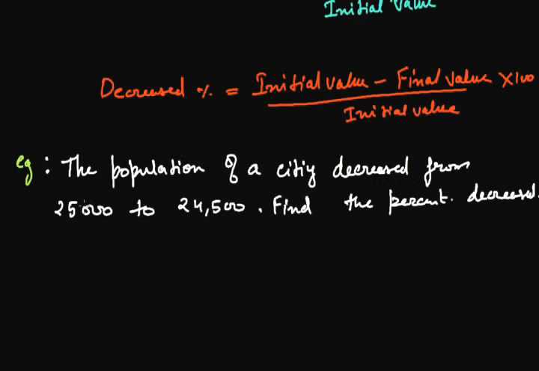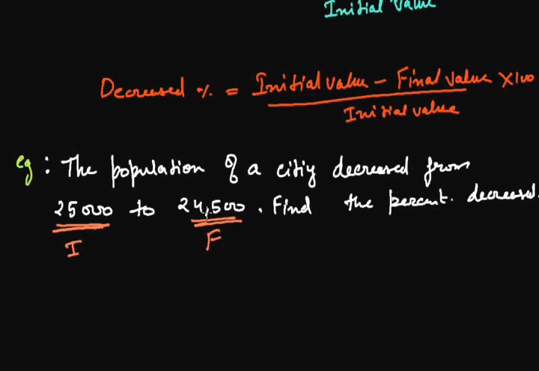It is very simple to find the decrease percentage. Here you can see the question says the population of the city is decreased from 25,000 to 24,500. That is, initially it was 25,000 and finally it has become 24,500. So it is decreased.